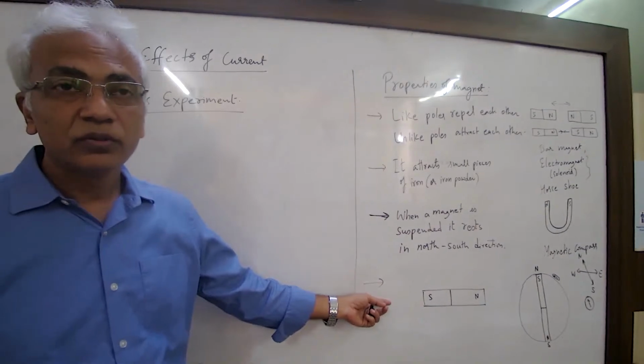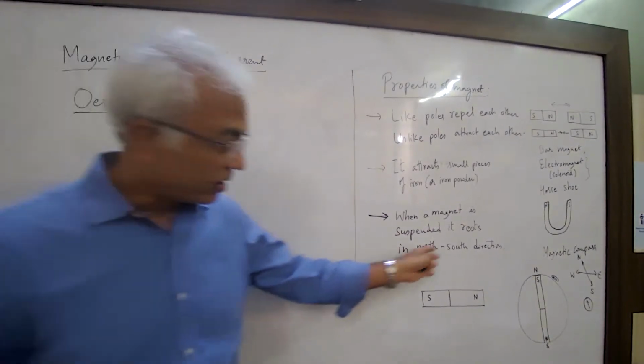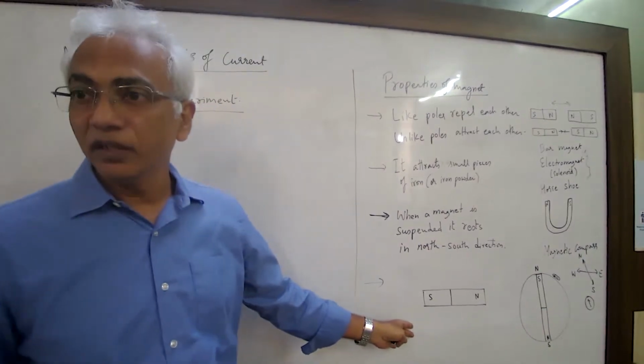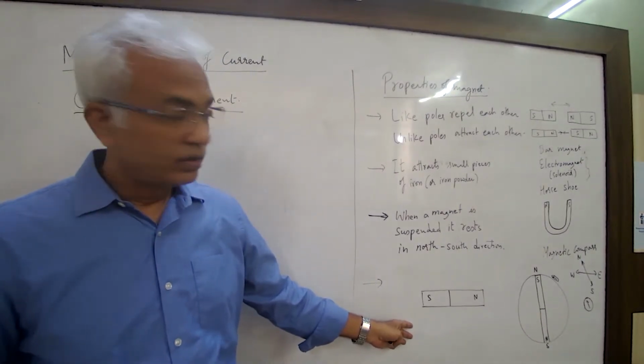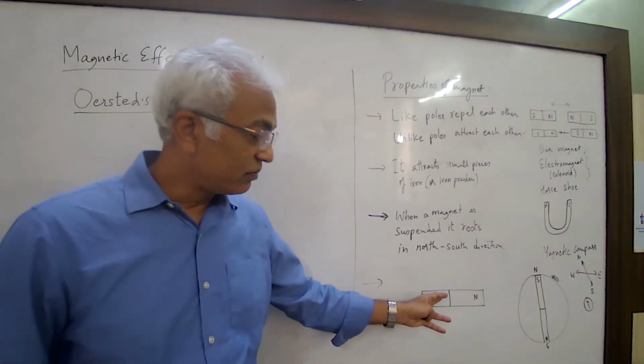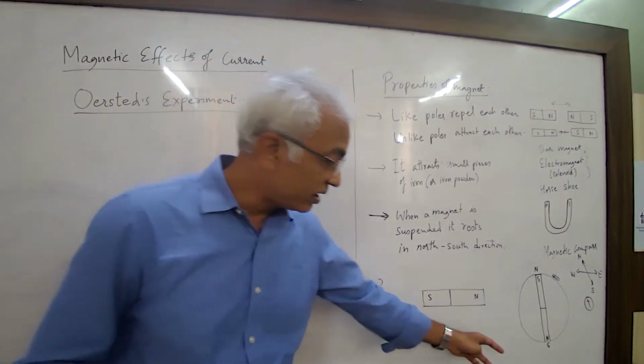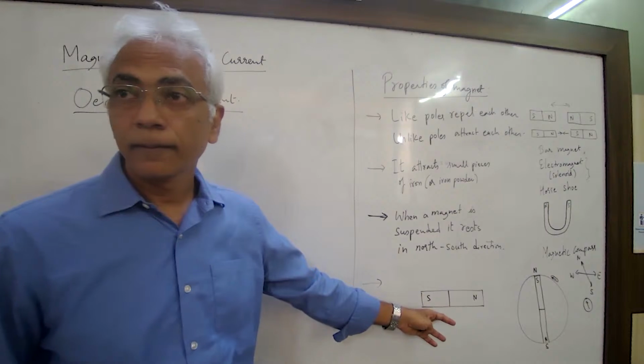So why is it so? Because around the magnet there is a region of influence called the magnetic field. So it is due to the local magnetic field of the bar magnet that this iron piece is getting attracted towards it.